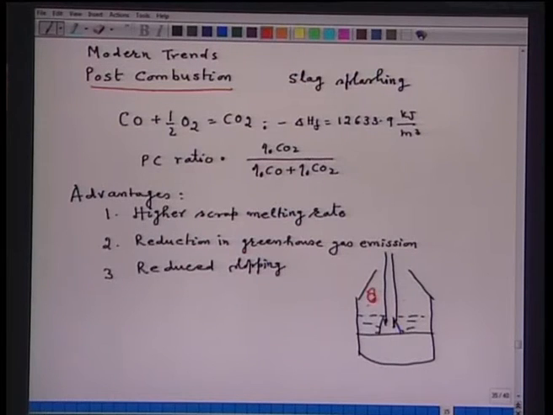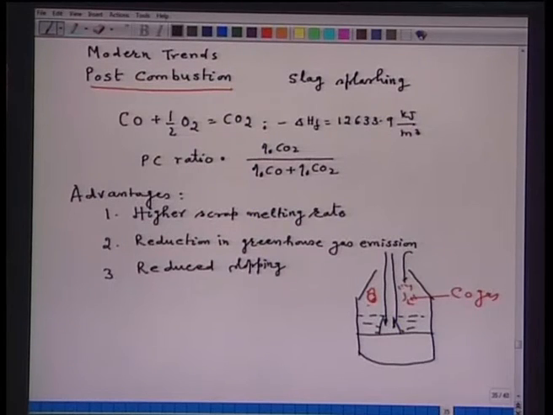CO gas is somewhere here. What I have to do for realizing the post combustion? I have to supply O2 over here.